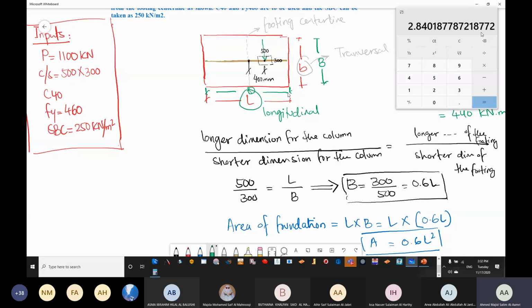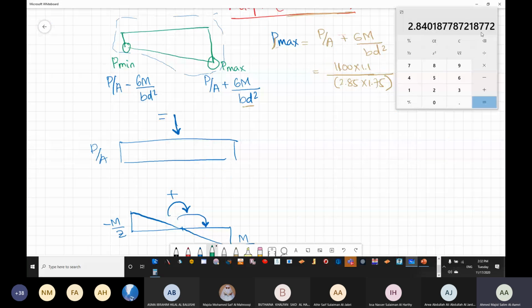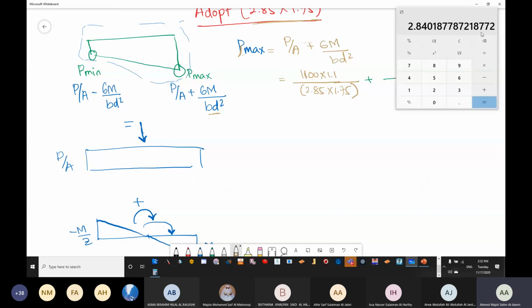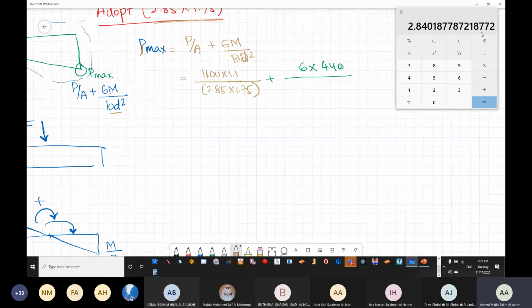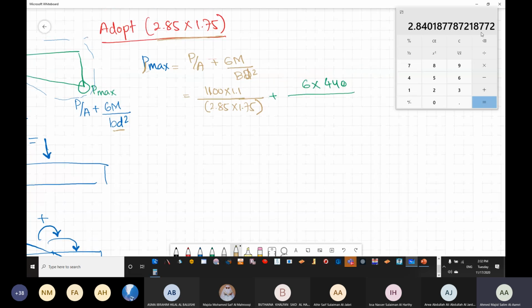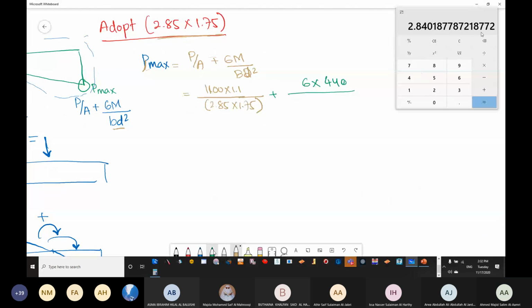That's why I told you, you can call it BD small or BD capital, and it's better to go BD capital so you will not confuse with the other things. Our B in this example is the shorter dimension, that is 1.75, and we need to square the bigger dimension, which is 2.85 square.